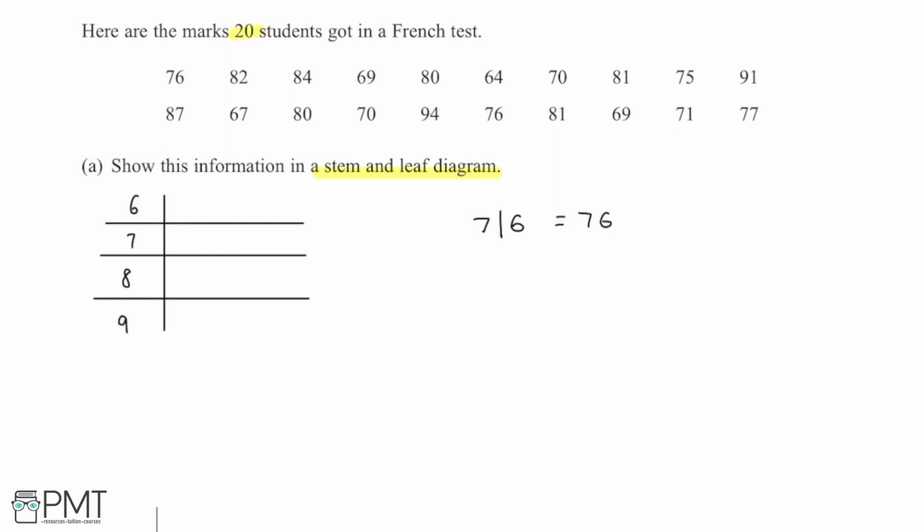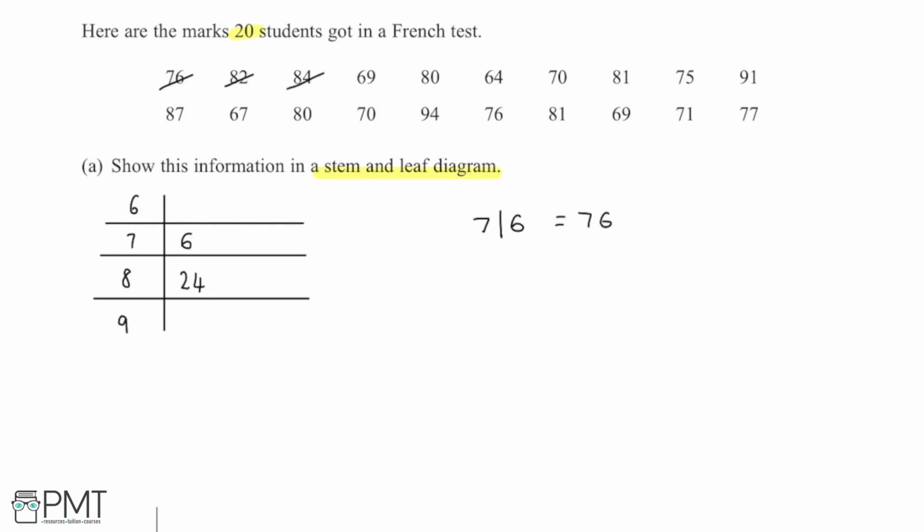Now I can go through all of the numbers individually and look at the units. So we have 76 here, so next to the 7 I can write the 6 in. Similarly for 82, next to the 8 I'll write the 2 in. And then I can carry on through them, so we have 84 and I'll write the 4 in next to it. Not worrying about the order yet, I'm going to change the order at the end in the final answer.